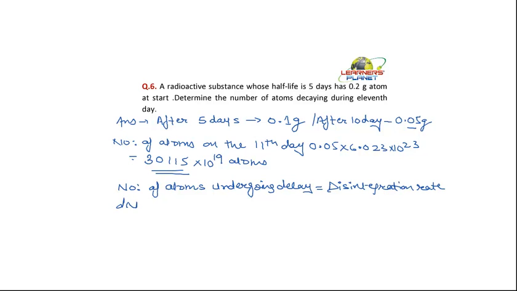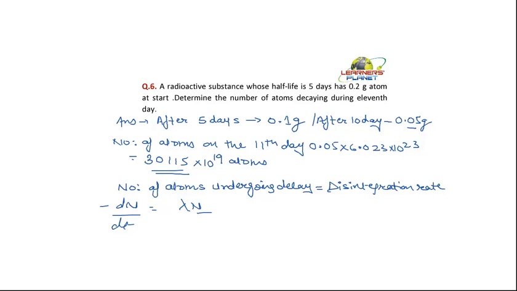Right? Now what is your disintegration rate? It is dN by dt, and that is equal to lambda N. Right? Now we know the N. N is what? This one, 30115 into 10 to the power 19.